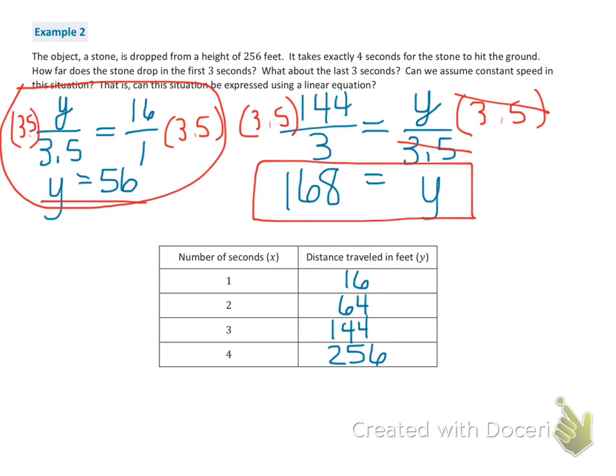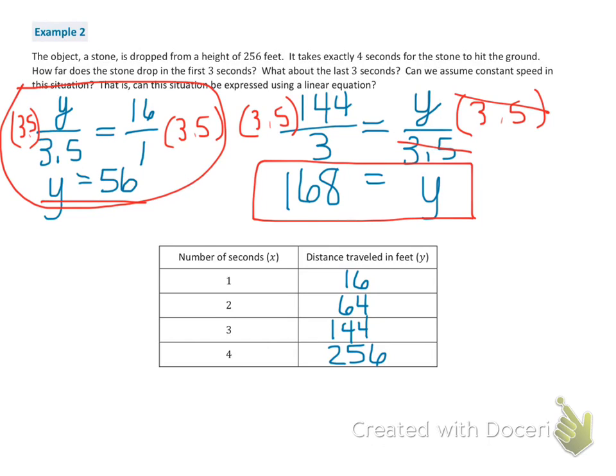So why would we expect the same method using 144 feet for 3 seconds to be a good predictor of where that stone is going to be in 3.5 seconds? So that's one thing to think about. Our method doesn't seem reliable, even though our answer seems to somewhat make sense.